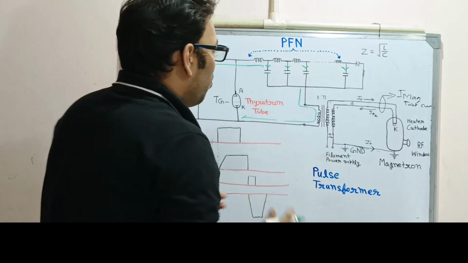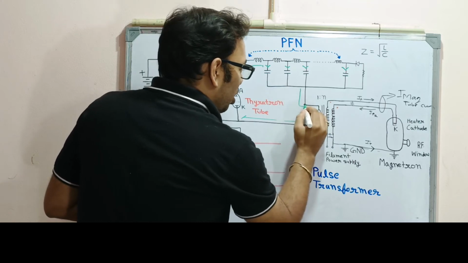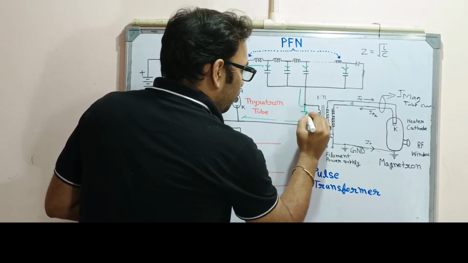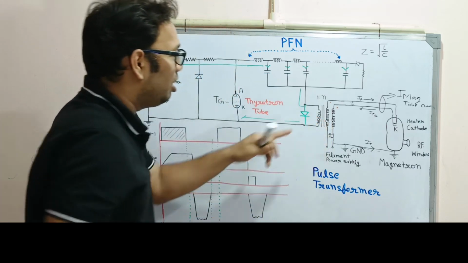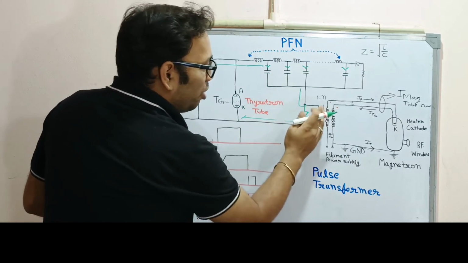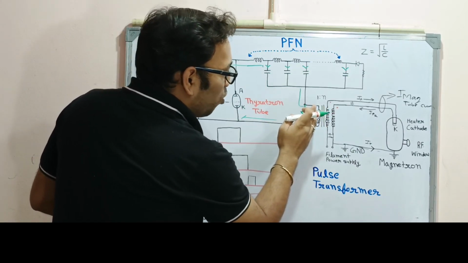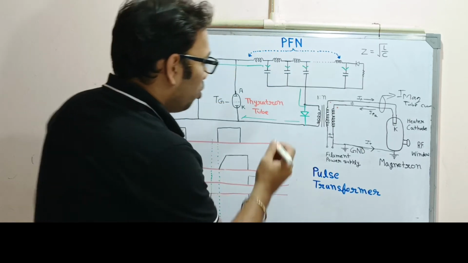So for that, what I will do, I will put one freewheeling diode across this point in the forward section. So this is the diode I have connected. So what will happen? This will not allow the current to flow from the inductor, because the inductor will not allow sudden change. So what will happen?